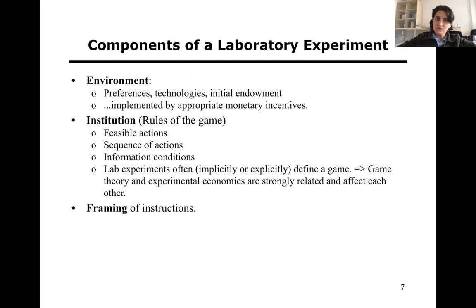And we use institutions. What is the institution? Institutions are the rules of the game. Okay, so they include feasible actions, sequence of actions, whether it's going to be simultaneous or sequential, and information conditions, whether everybody knows everybody's actions or everybody's initial endowments, etc.